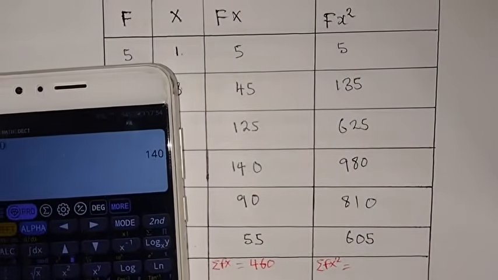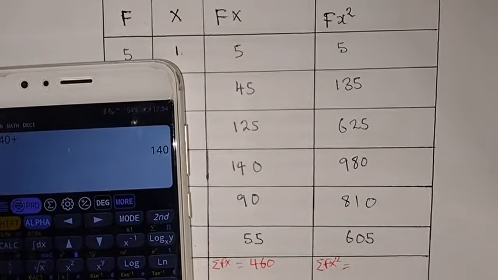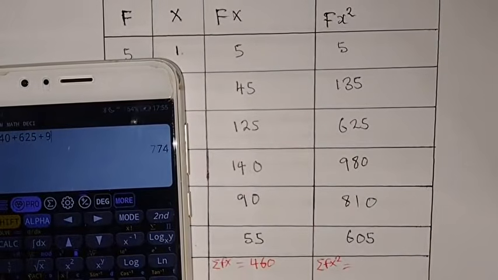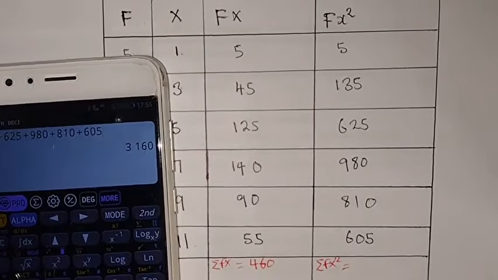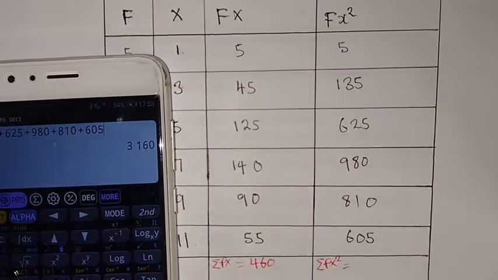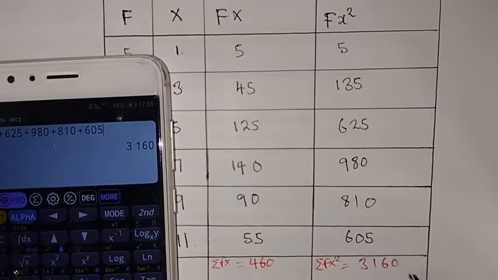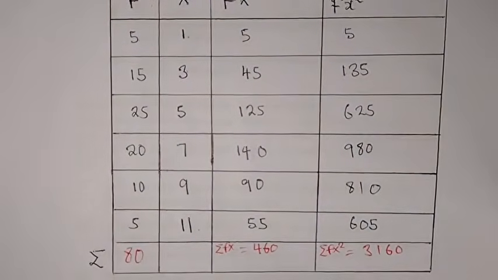So we say 140 plus 625, again plus 980, again plus 810, again plus this 605. So we are having this value, I hope you are able to see it, 3160. So you can see we have filled in our table.